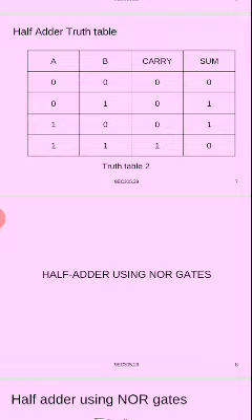Half adder using NOR gates. Now we are going to discuss the half adder, but using NOR gates.